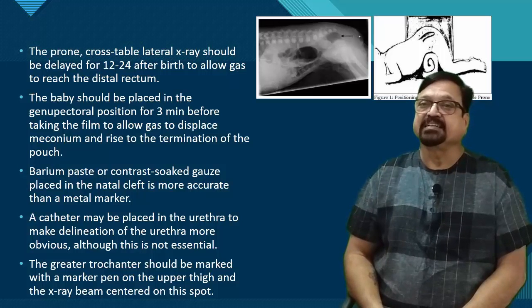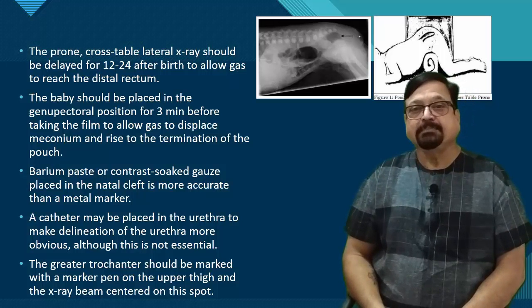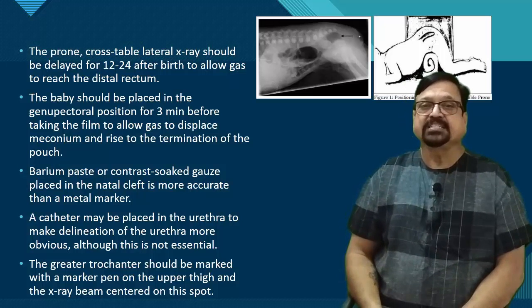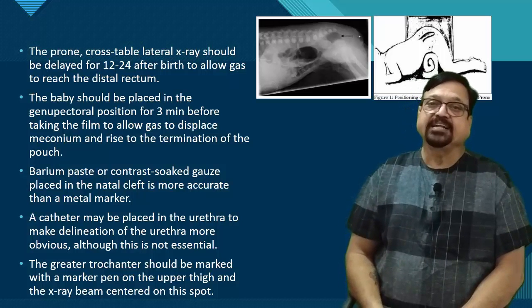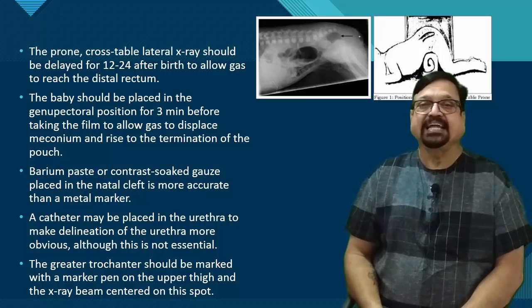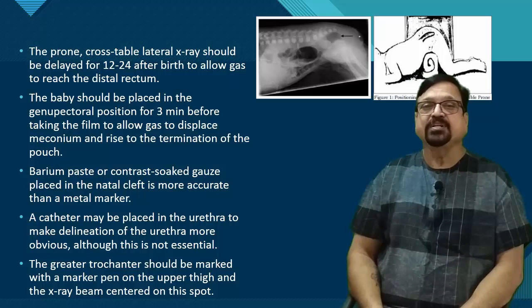This is a technical reason. A catheter may be placed in the urethra to make delineation of the urethra more obvious, although this is not essential. The greater trochanter should be marked with marker paint on the upper thigh and the X-rays centered on this spot.